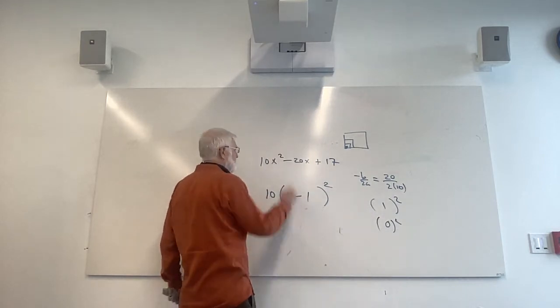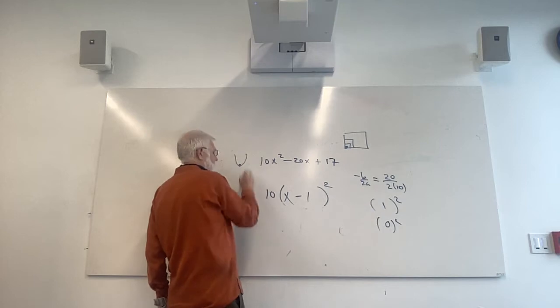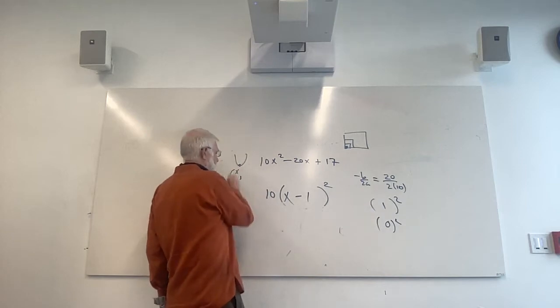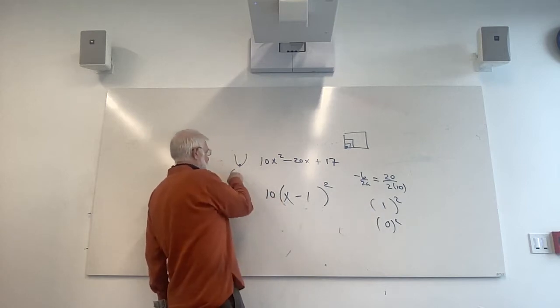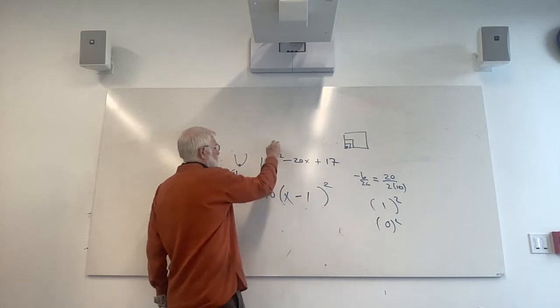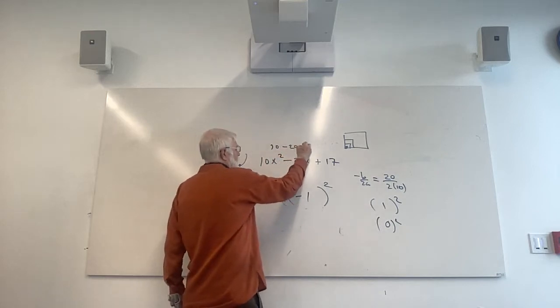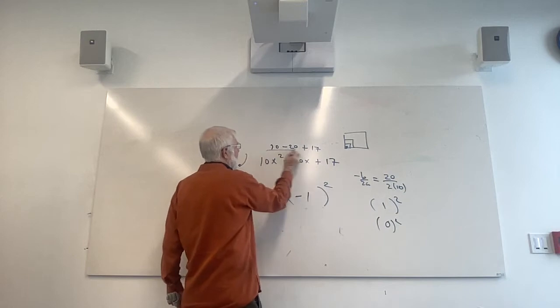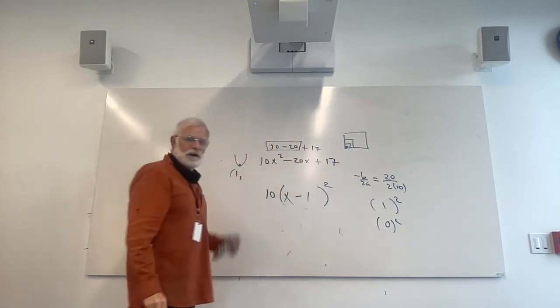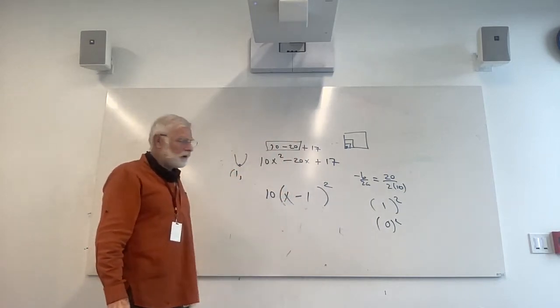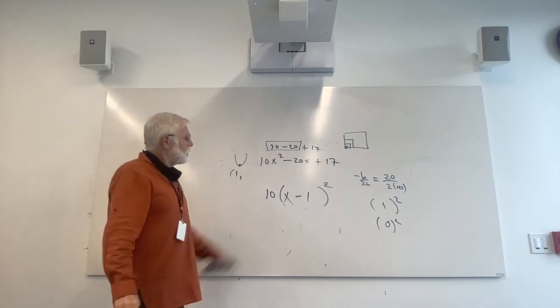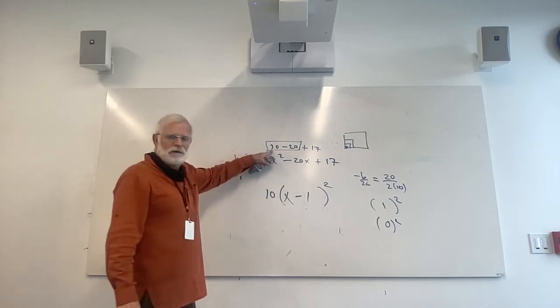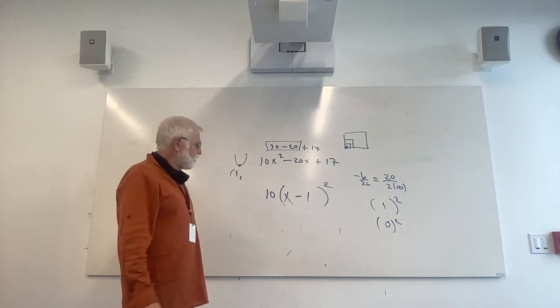Now I have a minimum because this is cup shape up. So I've got a minimum. At least the x value I know is 1. All right, so I know that. So I'll put 1 in here. And if you do, you get 10 minus 20 plus 17. And I hope you recognize the signature of the evaluation of this parabola, that negative 2-to-1 ratio exists.